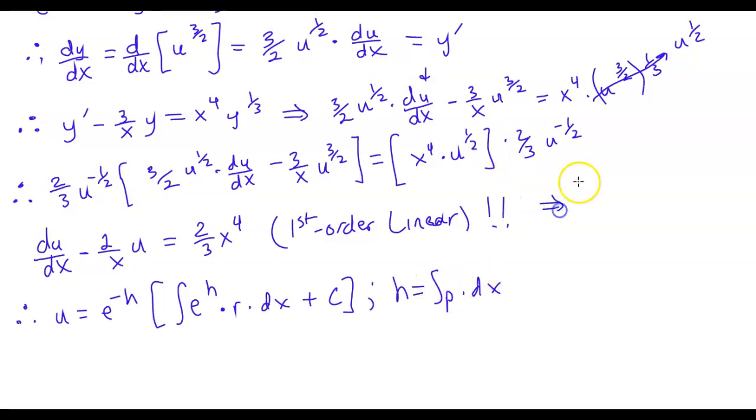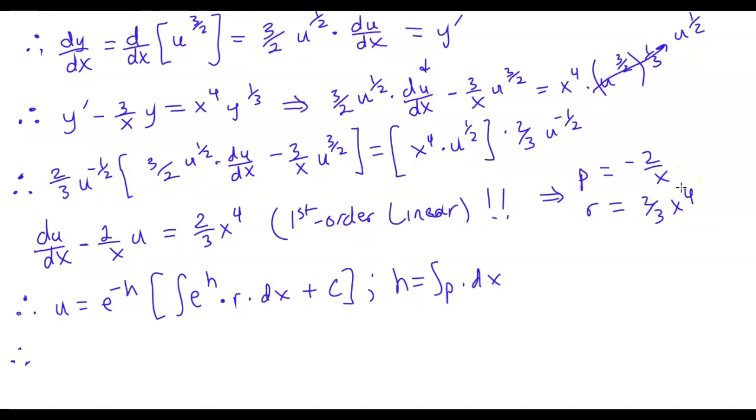And notice here that our p is minus 2 over x, and our r here is 2/3 x raised to the 4.